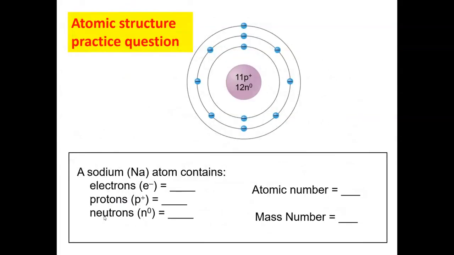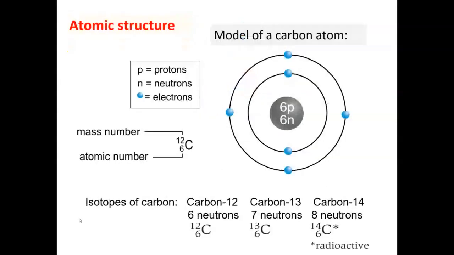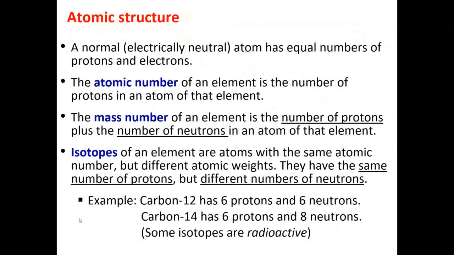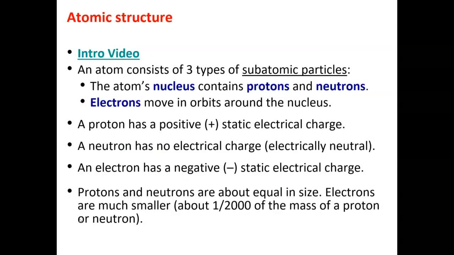Beyond that, the number of electrons gets so big that we don't care about them, because those big atoms don't occur in the human body anyway. We don't care about them in anatomy and physiology.